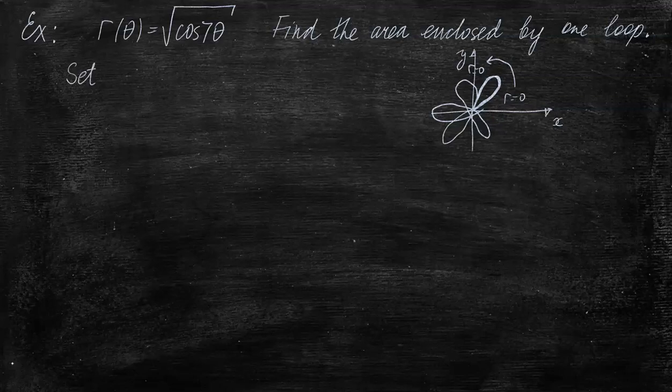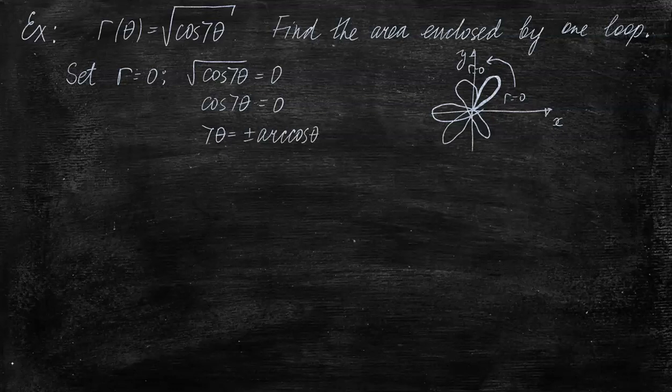So let's set r equal to 0, and let's solve this equation. So cosine of 7 theta equals 0 means 7 theta is equal to plus or minus arc cosine 0 plus 2 pi k.